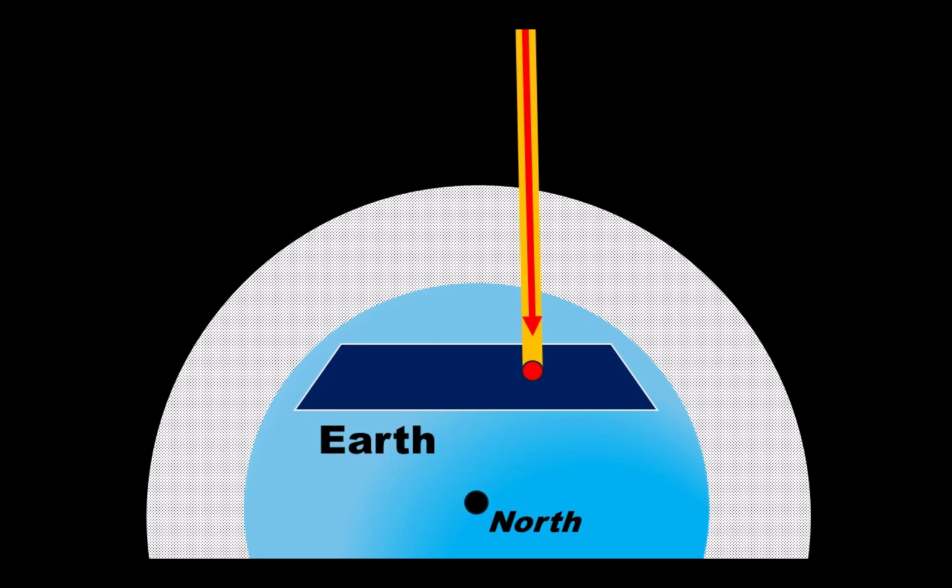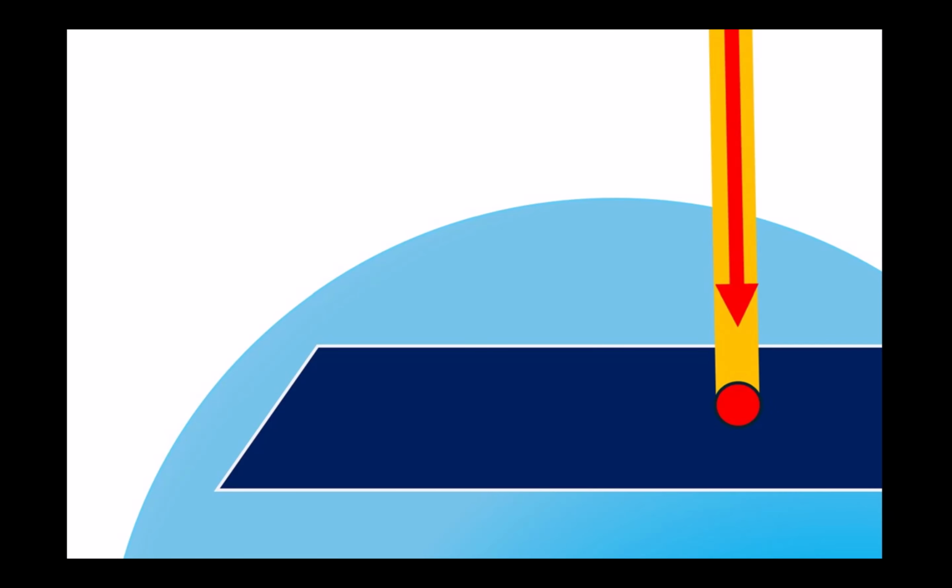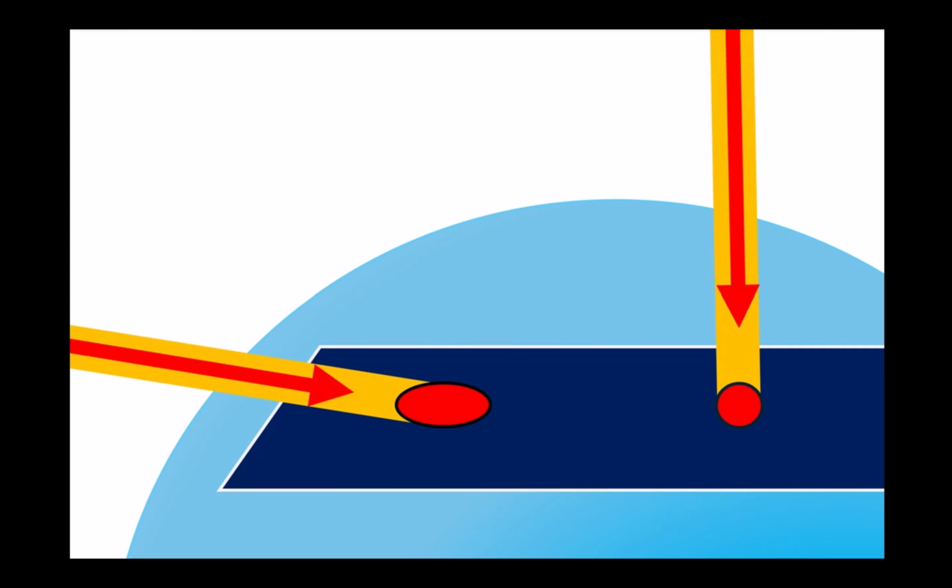Also, when the sun is high in the sky around midday, its rays strike Earth's surface at the most direct, perpendicular angle. This concentrates midday solar radiation over the smallest possible area, resulting in the most intense sunlight. But in the morning and late afternoon, the sun is lower in the sky and its rays hit Earth's surface at a more slanted angle.